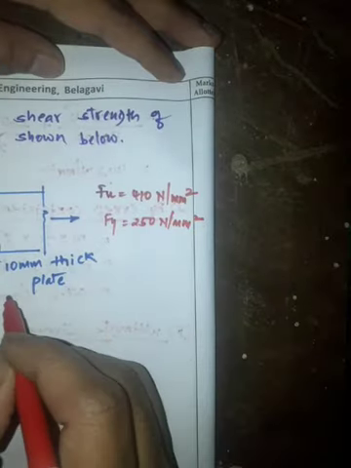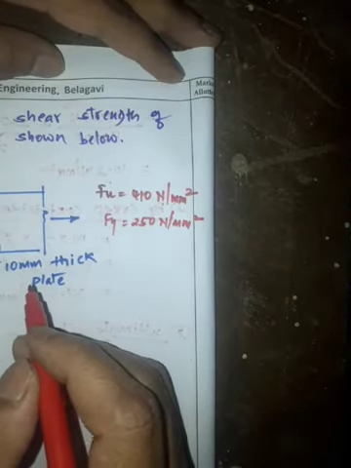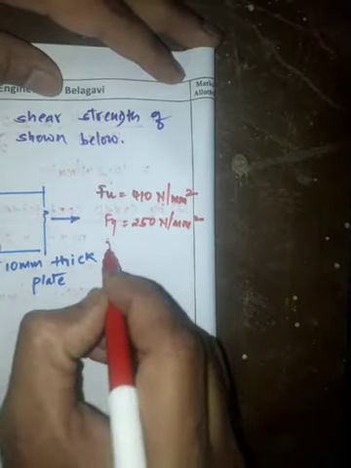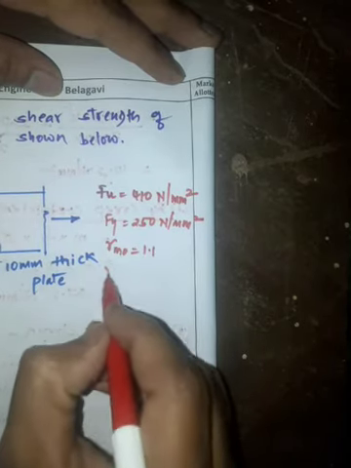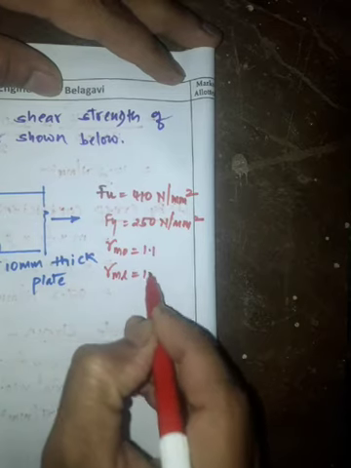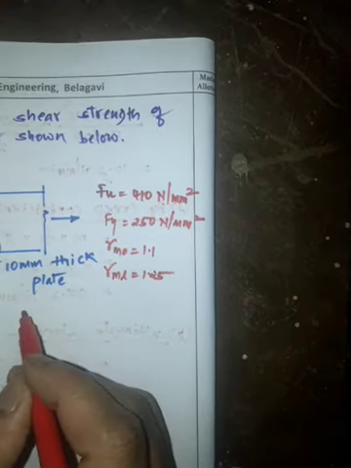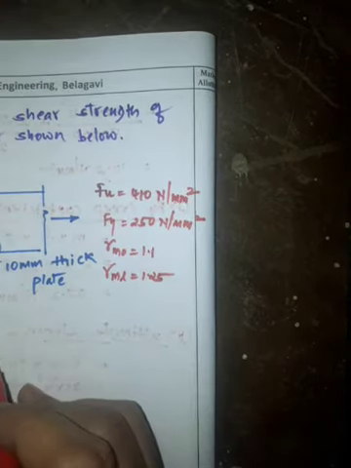This is for the steel material. The gamma m naught required is 1.1, which is a partial safety factor, and gamma ml is 1.25. These are the partial safety factors required for the calculation of block shear.